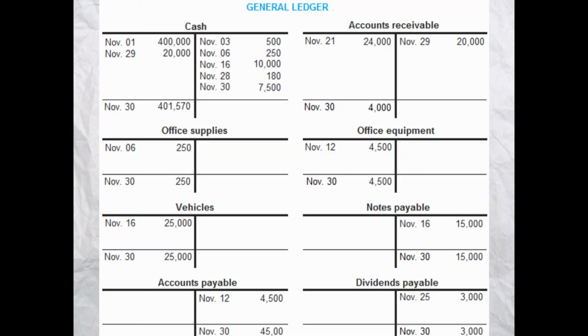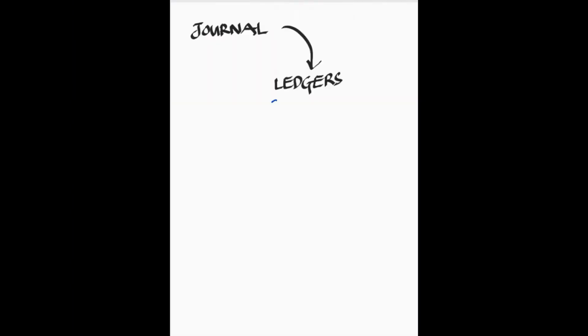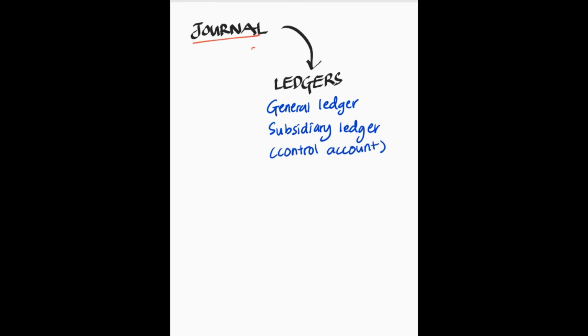Examples of ledgers are cash, account receivable, fixed assets, account payable, and revenue. There are 2 types of ledgers: general ledger and subsidiary ledger, also known as control account. The process of journal to ledgers is called posting.